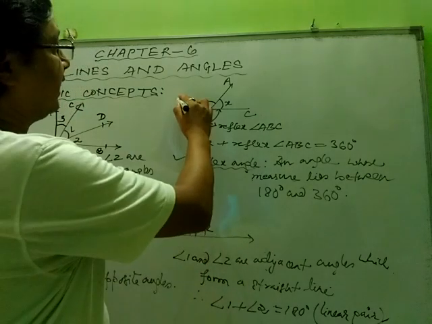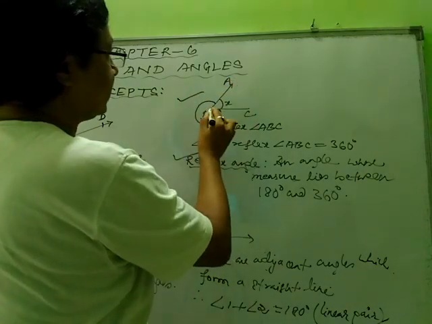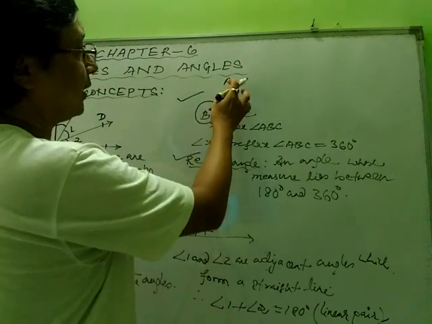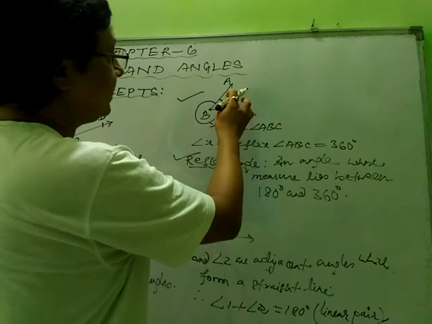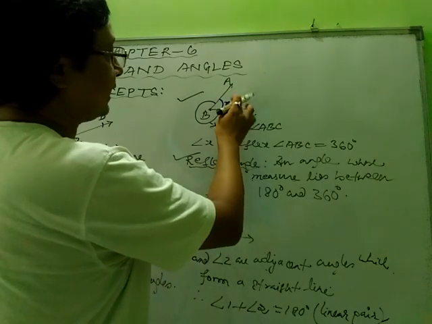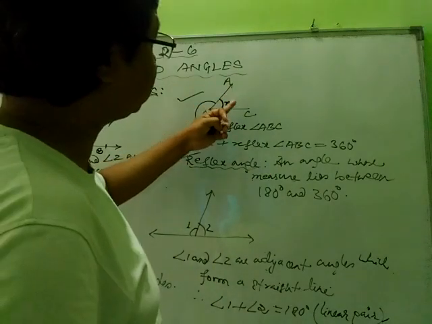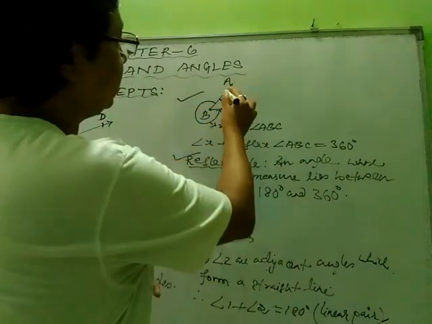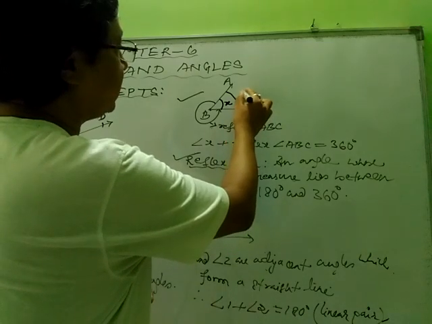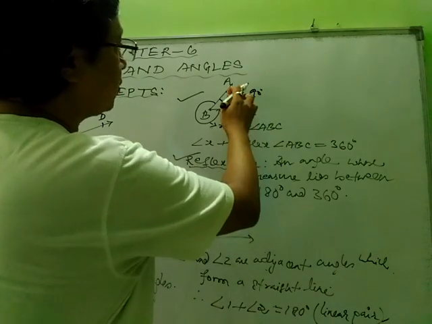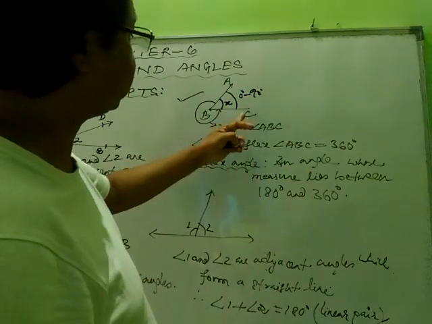Now, in this angle ABC, this is point B. This angle is x degrees. This angle measures less than 90 degrees, so this is an acute angle. That means it lies between 0 and 90 degrees. So this x is the acute angle, which means angle ABC.